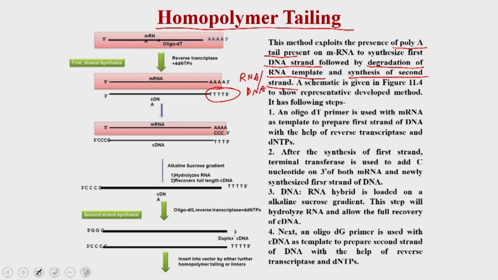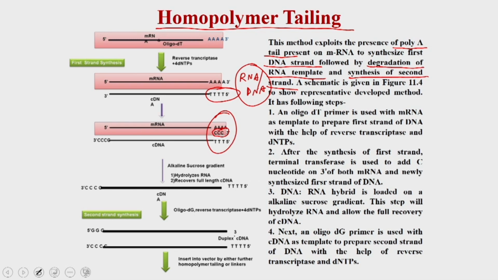Now, what you have to do is you have to degrade the RNA. Okay. So, once you got this RNA DNA hybrid, which is actually like this, you are also going to add the terminal C, which means you are going to put an enzyme called terminal transferase.